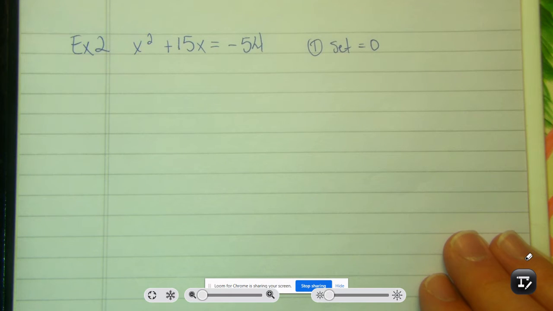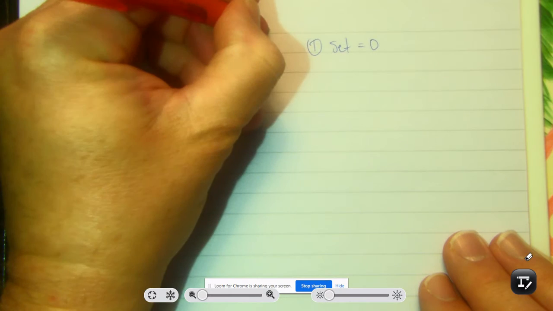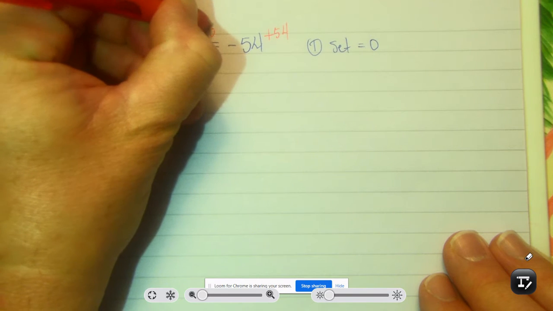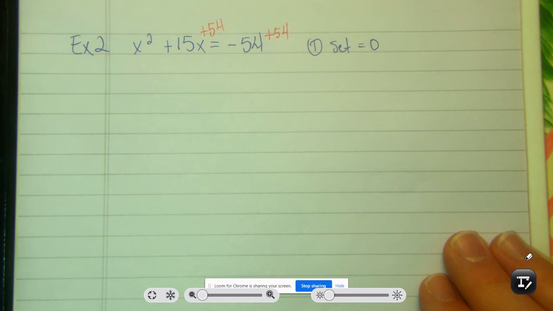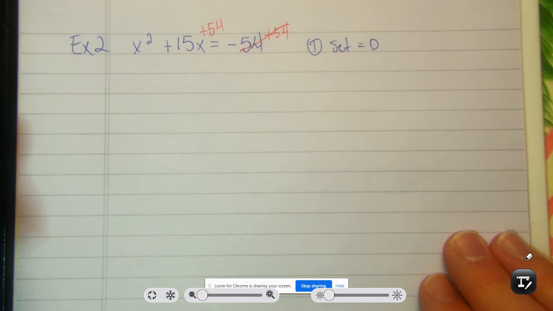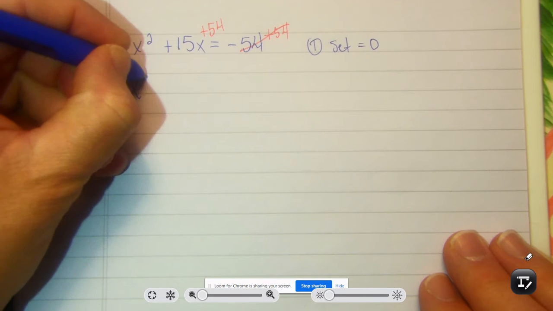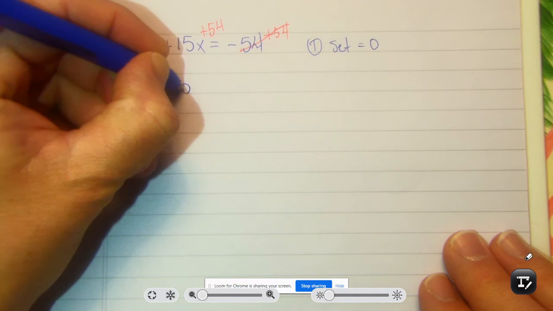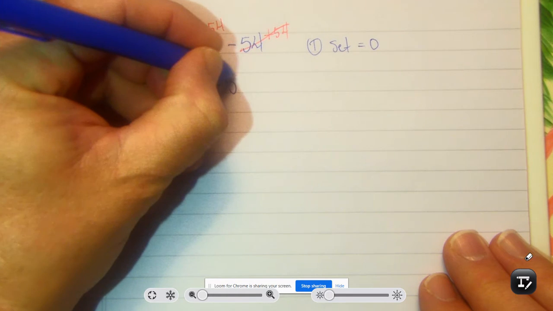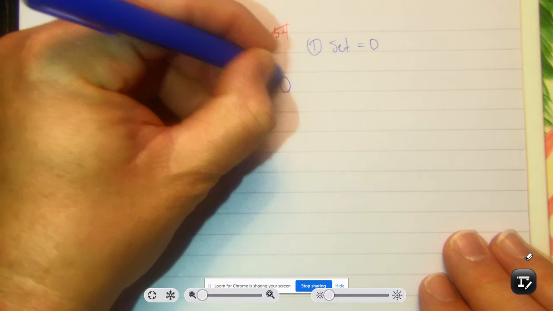So in order to do that, you have to add 54 to both sides. And what I want to have happen is the negative 54 and the positive 54 becomes 0, which it does. And so that leaves me with x squared plus 15x plus 54 equals 0.